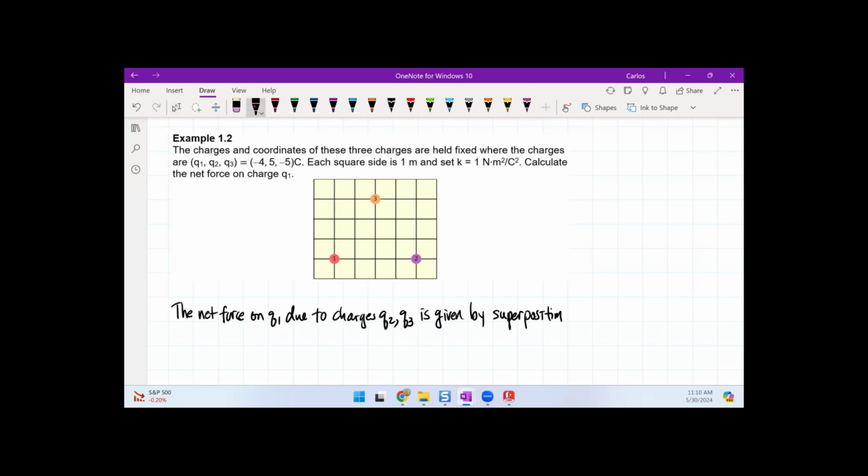In other words, F net on Q1 has to be the vector sum of 2 on 1 plus 3 on 1.